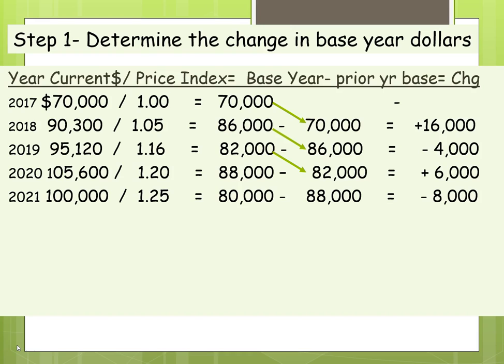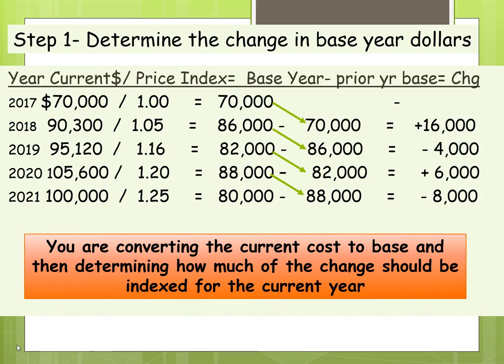Because what I'm saying is in 2021, my inventory has a base value of 80,000. So let's see what the effect of that is. Remember, you're converting the current cost to base and then determining how much of the change should be indexed for the current year.